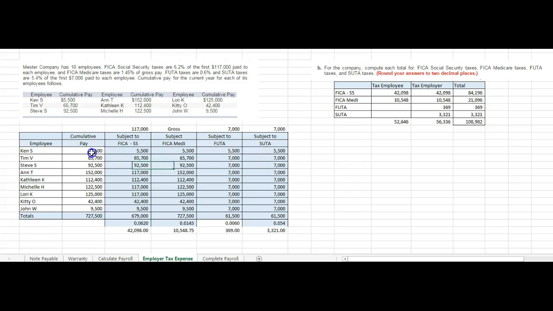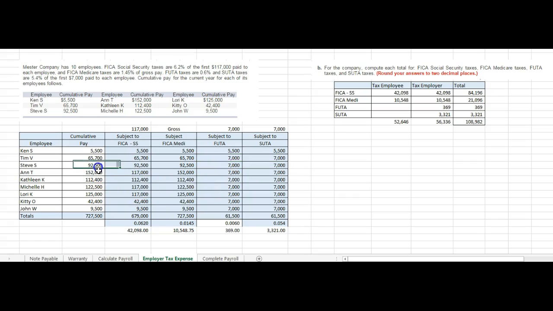So at $5,500, if you go across the board, it's going to be taxable on all of it. For $65,700, you can see it's going to be taxable here, definitely. It's going to be taxable here, definitely. But it's hit the limit here, so $7,000 and $7,000 only.